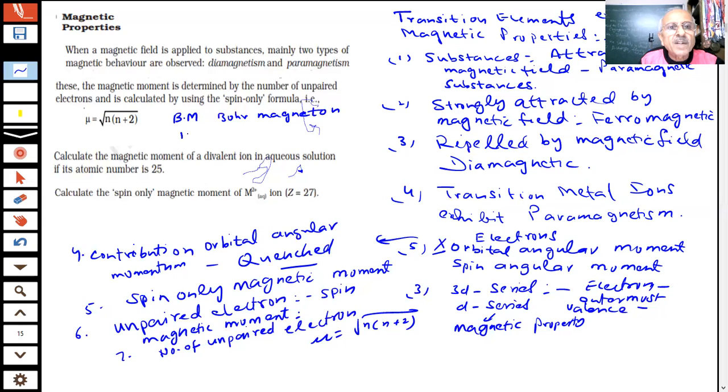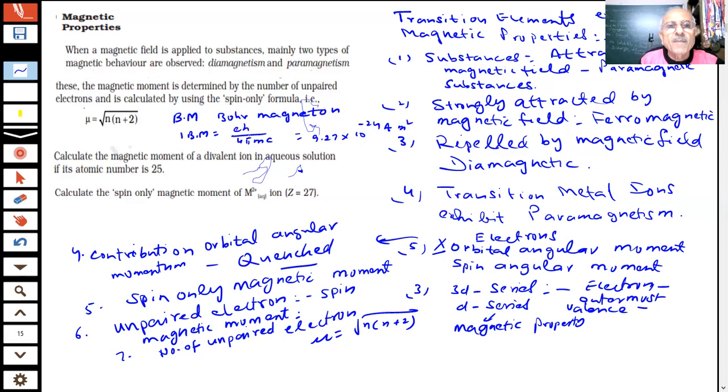One BM is a very small value, given by the formula eh/4πmc, where m is the mass of the electron, c is the velocity of light, e is the electronic charge, h is Planck's constant, and the value comes to be 9.27 × 10^-24 ampere meter square. So you can see that it's a very small value.